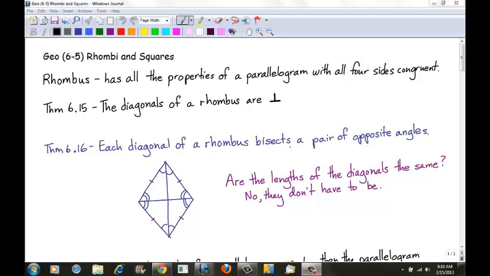Okay, and then the author goes through several theorems. The first one is Theorem 6.15. And it says the diagonals of a rhombus are perpendicular.